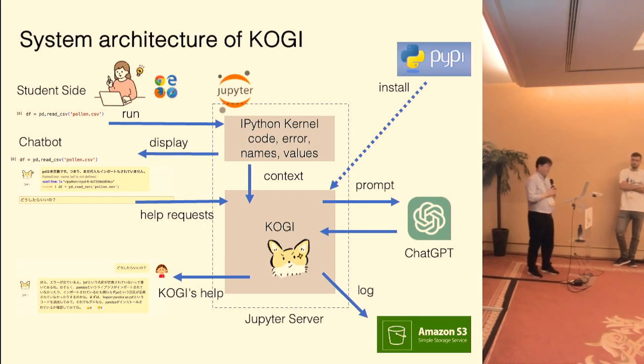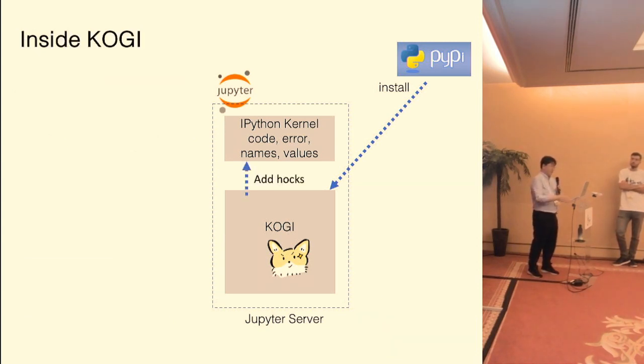And here is the system architecture of KOGI. Let's look inside KOGI. First, KOGI is installed from the pip server, and once installed, it adds a hook to the Jupyter kernel.